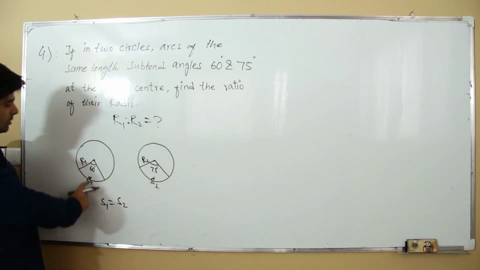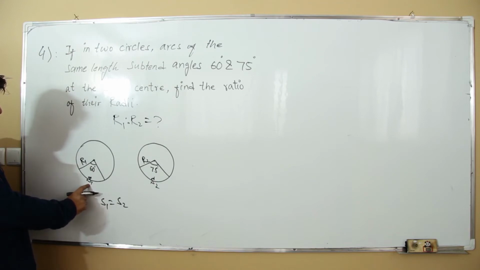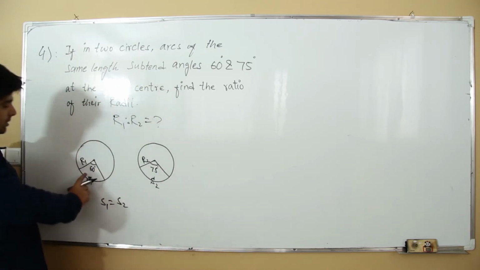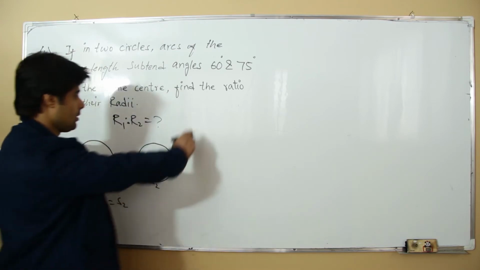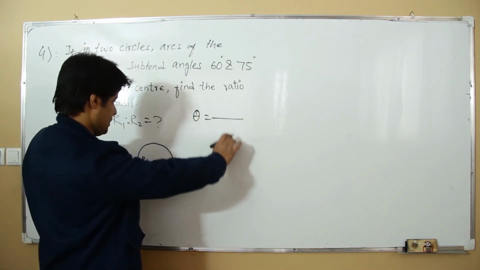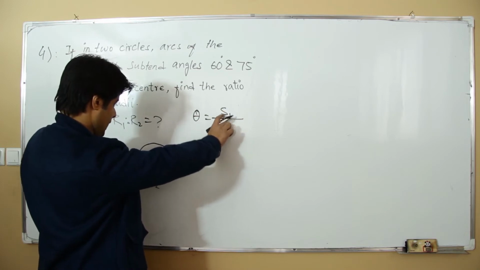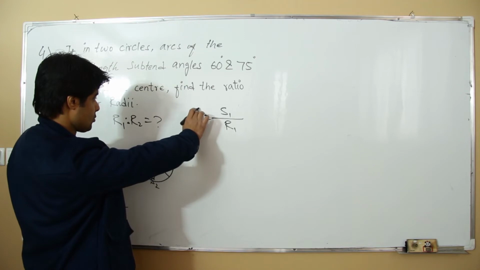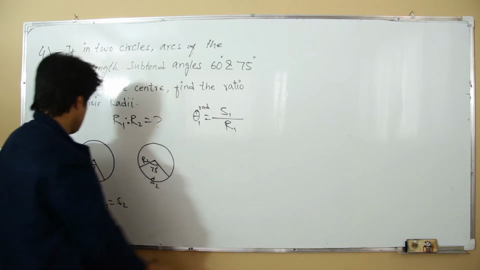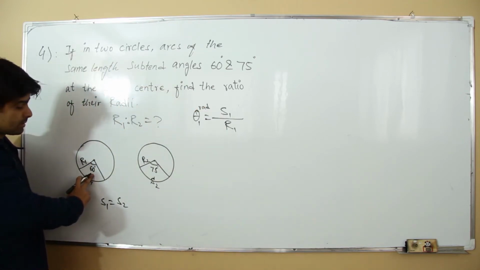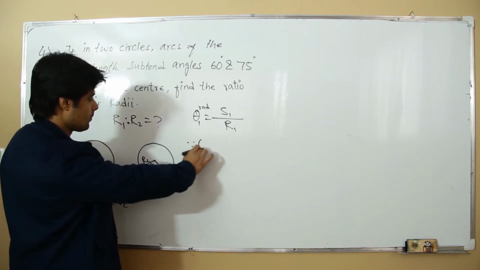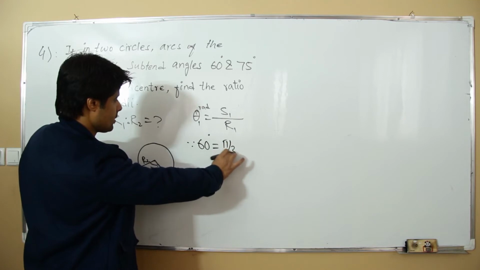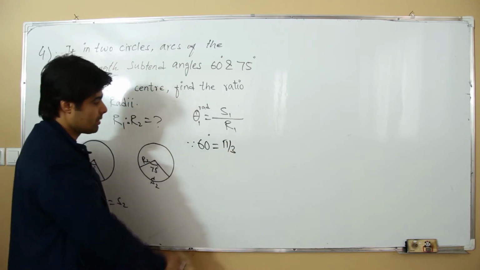First, if you want to find the relation between arc with the radius with this angle, it is theta is equal to S1 arc divided by R1, and this is theta 1. This theta 1 should be in radian, not in degree. 60 degree, it is in radian, but this one is pi divided by 3. Where did I find?